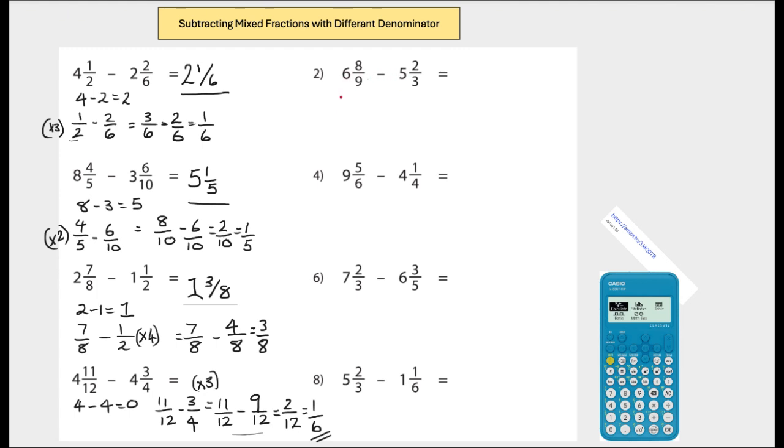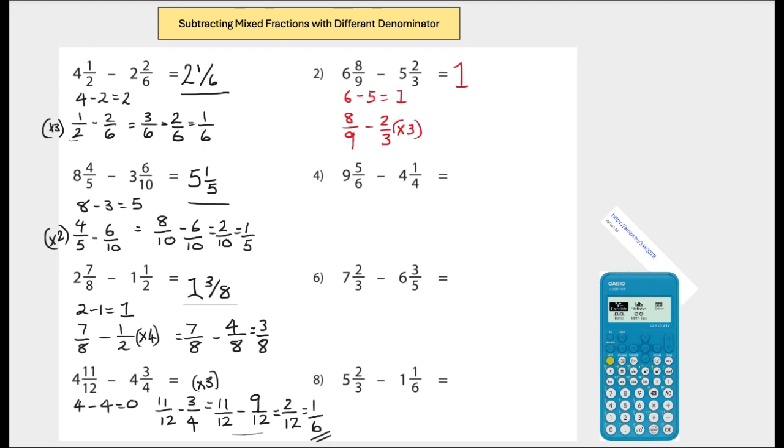So 6 minus 5, we've got 6 minus 5 equals 1. One big one. Then we've got 8 over 9 minus 2 over 3. I know that I can make this denominator a 9. And to do that, I'm going to times it by 3.